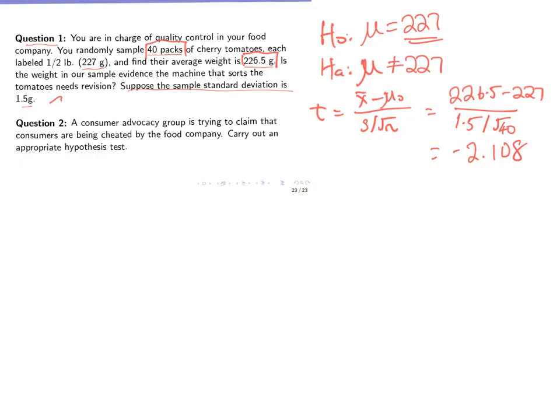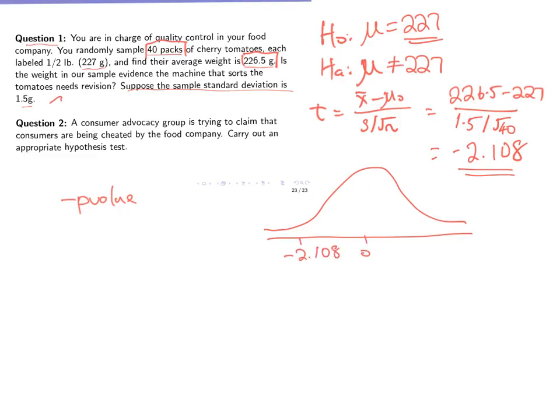So two approaches. Let's look at the p-value approach. To find the p-value, since it's a two-sided test, first sketch our bell-shaped curve. Test statistic is negative 2.108, so it's to the left of 0. Since it's a two-sided test, we want this area here as well as to the right of positive 2.108. I can find this area easily by typing in pt of negative 2.108.